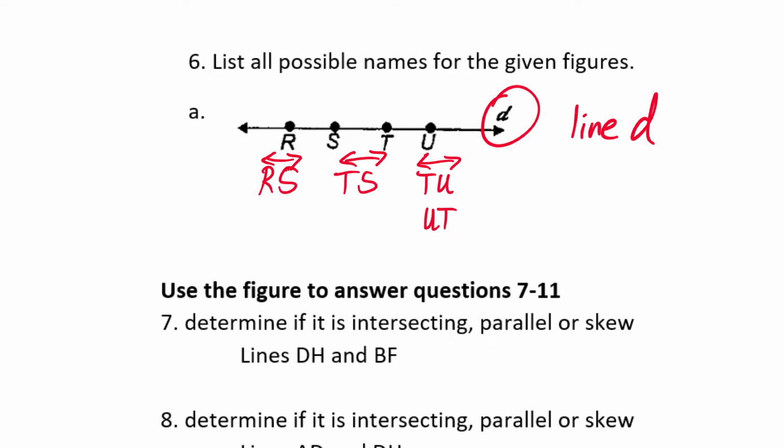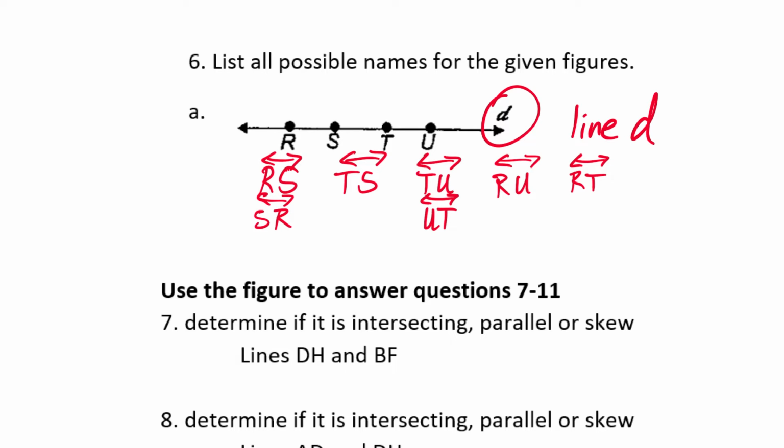Okay, UT. Very good. RU. SR. Already got RU. RT, okay, good.